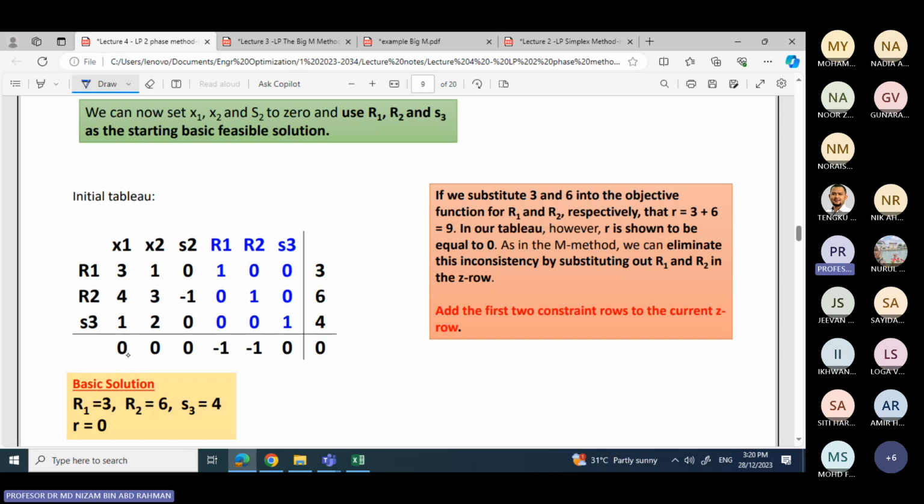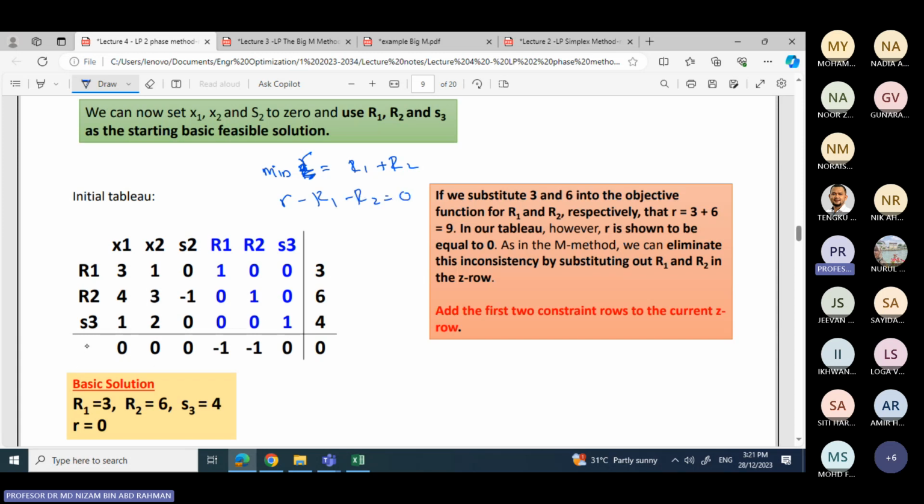The new objective function for this step is minimize R equals R1 plus R2; you can use R, or Z, whatever you want. For this example, use R. So R minus R1 minus R2 equals 0.